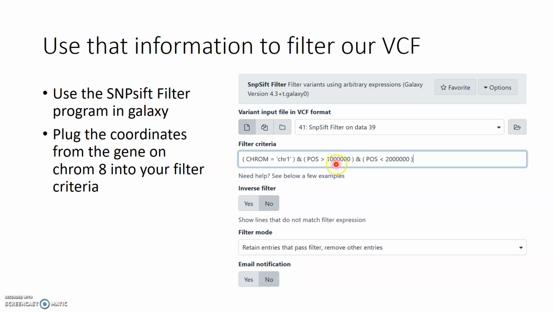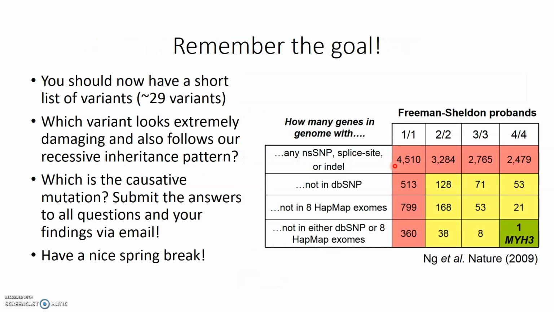We see that we have 1 million and 2 million here, so we would enter the gene positions in GRCh37 in these two positions to get a very short list of the variants that we are looking for as far as our disease-causing variant. This will give us a very short list, about 29 variants if my memory serves right.